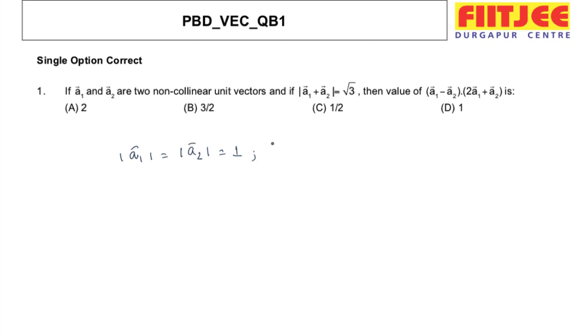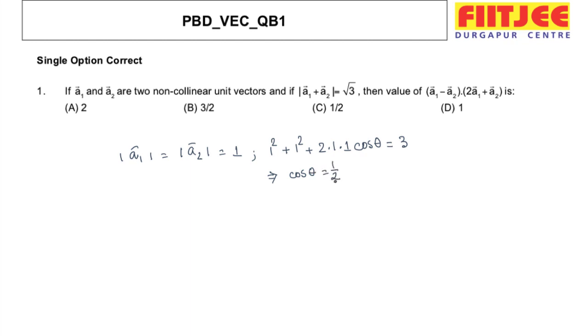So if you remember the formula for the resultant of two vectors, it is mod a1 square plus mod a2 square plus twice mod a1 mod a2 into cos theta. What is theta? Theta is the angle in between the two vectors, and that is equal to root 3 square, is 3. So from this calculation, we can say that cos theta is equal to half.